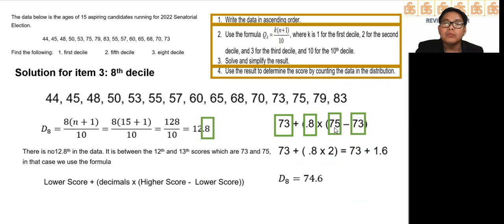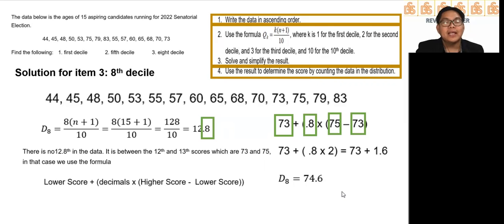That's why we subtract first: 75 minus 73 is 2. 2 times 0.8 is 1.6. So you have 73 plus 1.6, which gives you 74.6. That justifies that the 8th decile is between 73 and 75, but it is closer to 75 because it is actually 12.8.